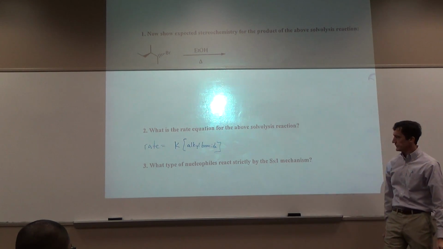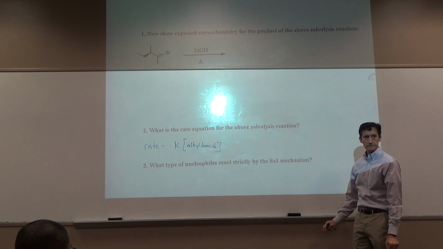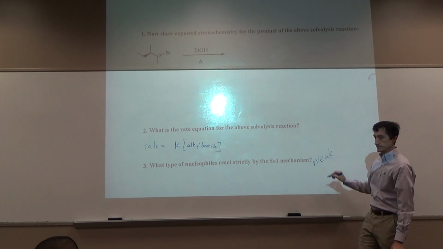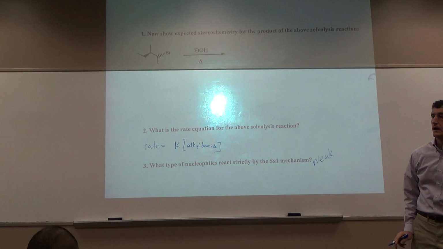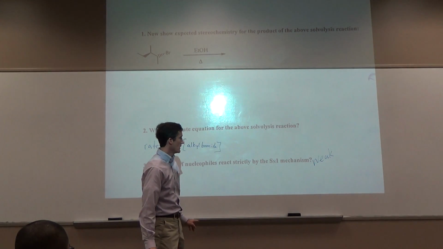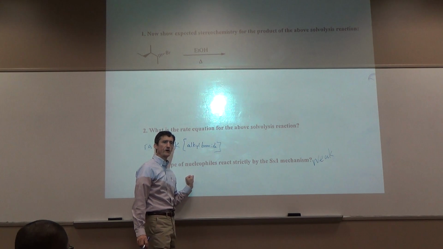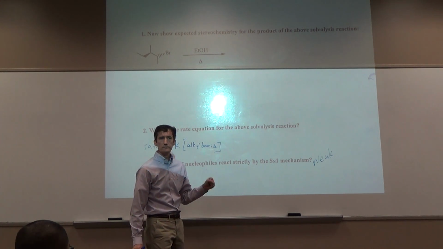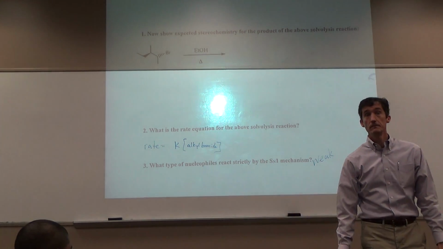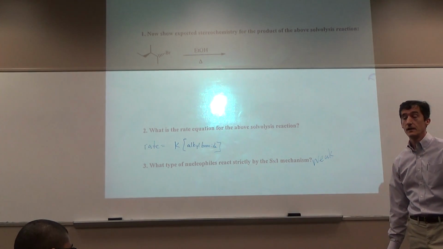What type of nucleophiles react strictly by SN1 mechanism? Weak. What if your nucleophile was strong? Would you be doing SN1? Why not? Can a strong not do an SN1? Theoretically, it can.